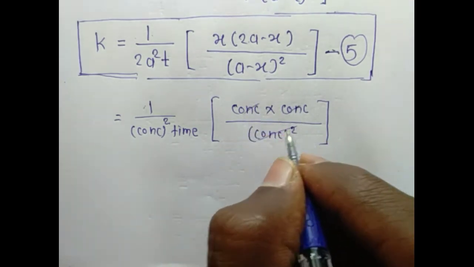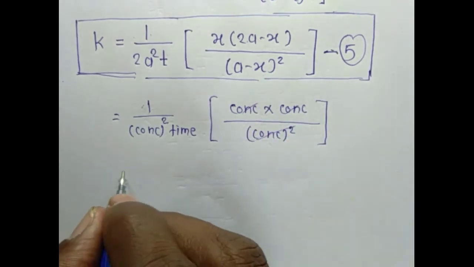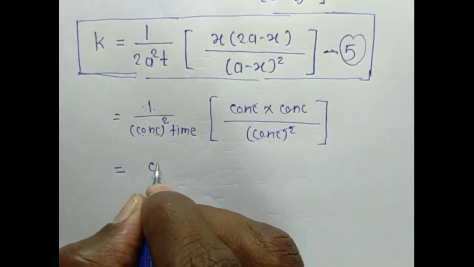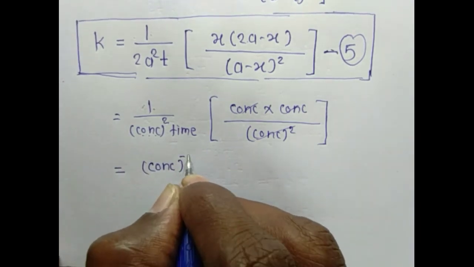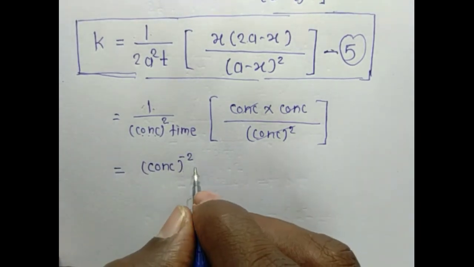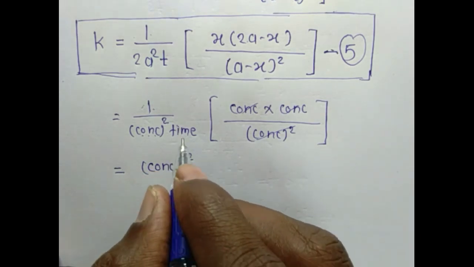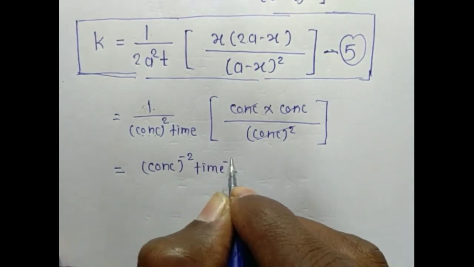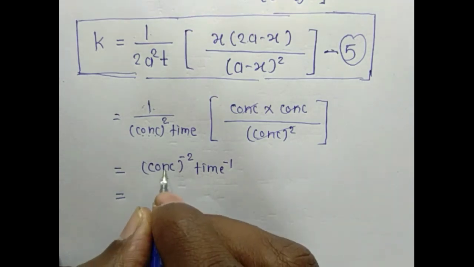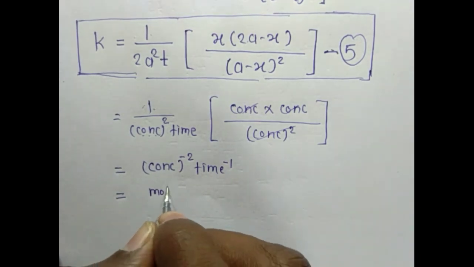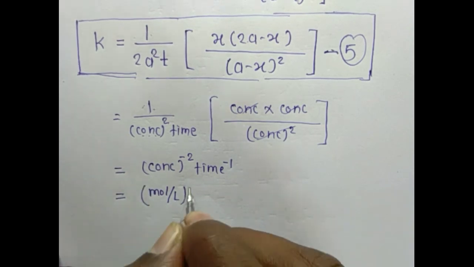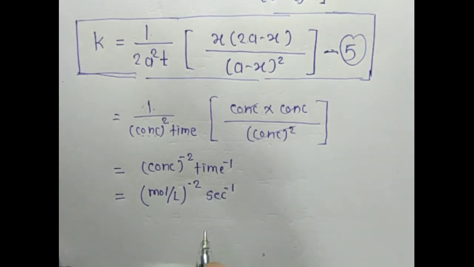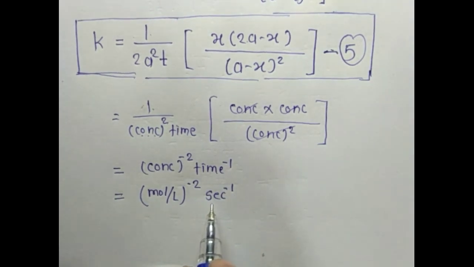This concentration gets cancelled and the remaining is 1 upon concentration square, which is concentration raised to the minus 2, into 1 upon time, which is time inverse. The concentration is expressed in moles per liter raised to minus 2, and time inverse is second inverse. These are the units for third order reaction.